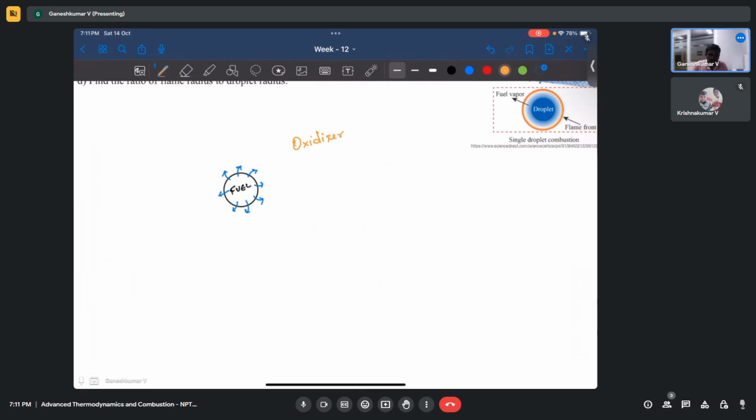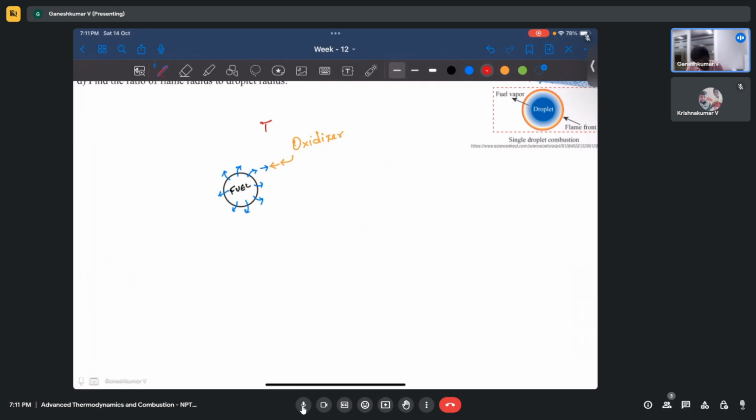Okay. So now what you will see is, this oxidizer is present everywhere actually. Now the fuel here and the oxidizer will meet at some point, and it starts combusting. So it requires fuel and oxidizer, right? And also the temperature would be a little higher.